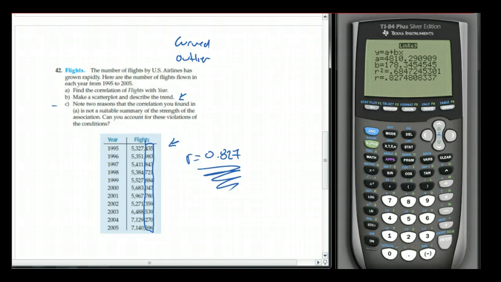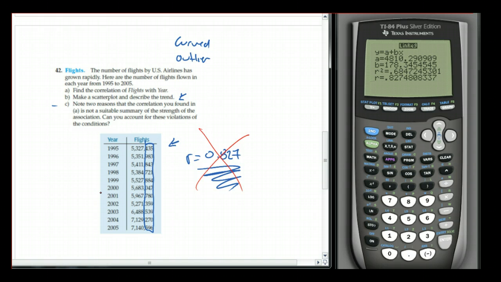So we can't use the correlation. This is wrong because our conditions are not met. Can you account for these violations of the conditions? I can maybe account for the outlier. 2002 is the year after September 11, or sorry, at the end of the year before. Maybe the flights went down because of September 11th.